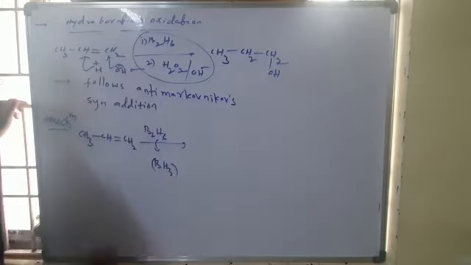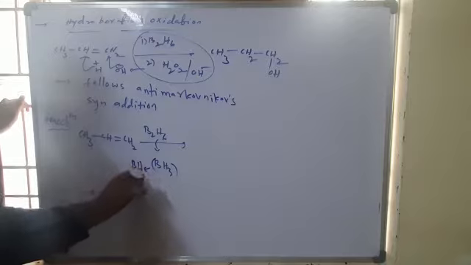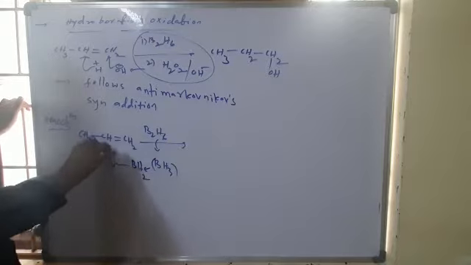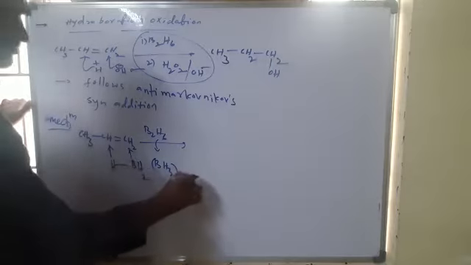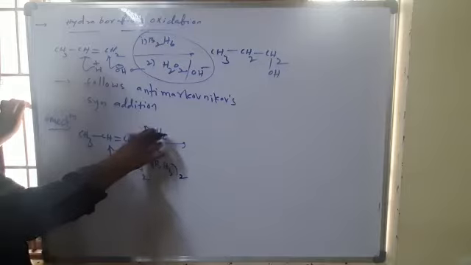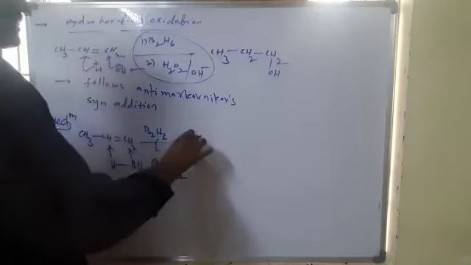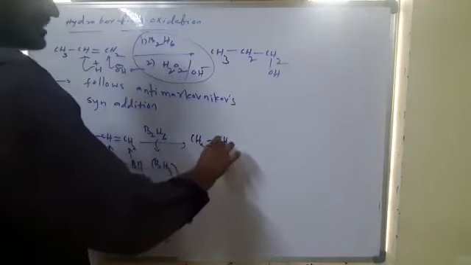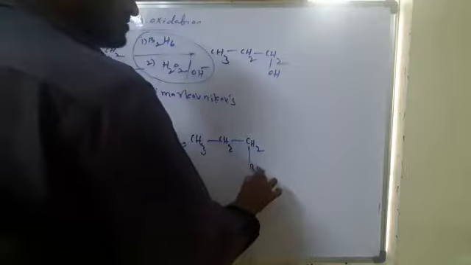So from BH3, BH2 and H attack, BH2 attacking from one side. This is 2 moles of BH3, B2H6 equals 2 BH3. So it is attacked. Now CH3, CH2, CH2 and BH2.